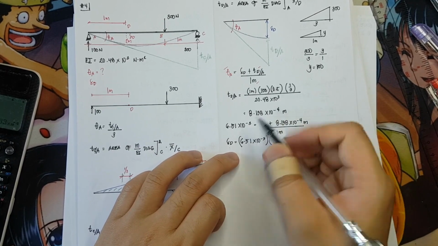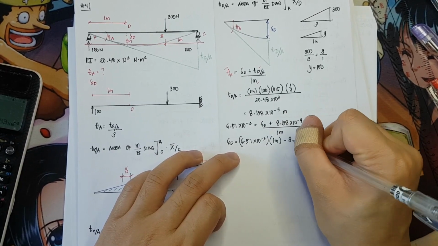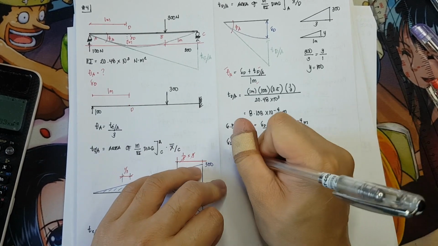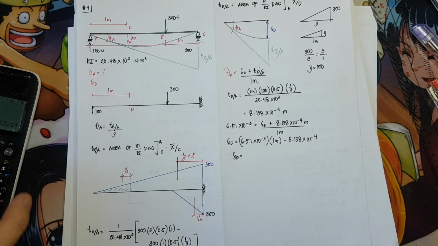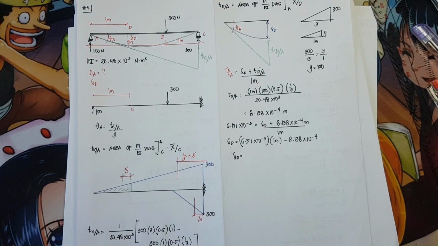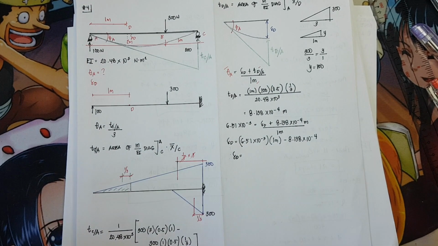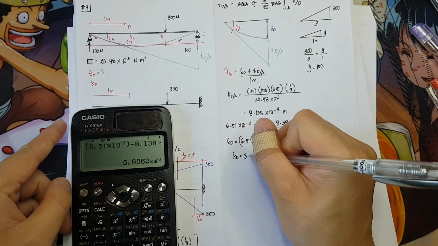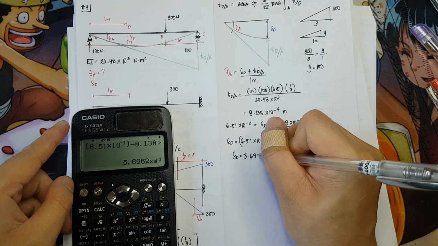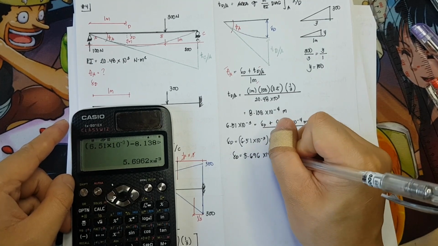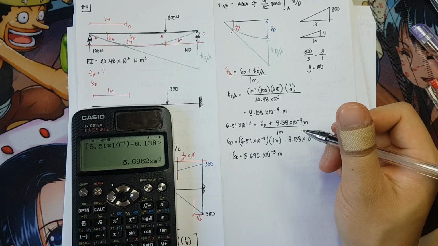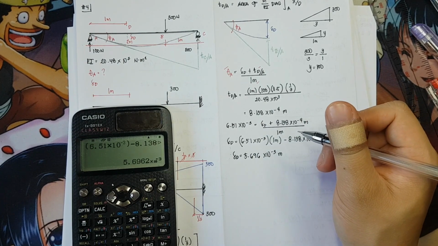Transpose this to the other side of the equation, minus 8.138 times 10 raised to negative 4. So the displacement at B is equivalent to 5.696 times 10 raised to negative 3 meters. So we convert that into mm. Okay?